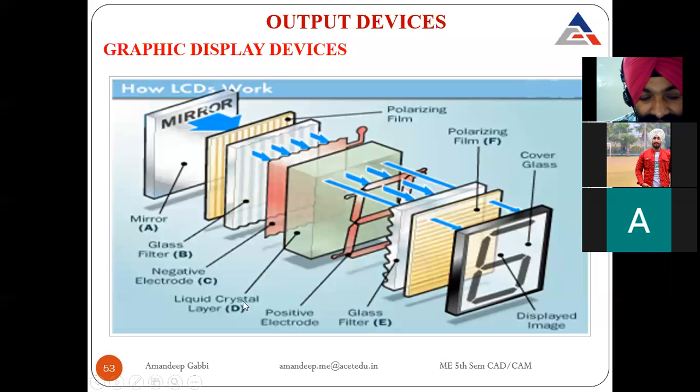Then we have liquid crystals. When an electric field is applied across the electrode and the liquid crystal layer, an image is generated. When this image is generated, it is again filtered with the help of some glass. Then the polarizing film is there, and ultimately the screen produces that image. So this is how an LCD works.